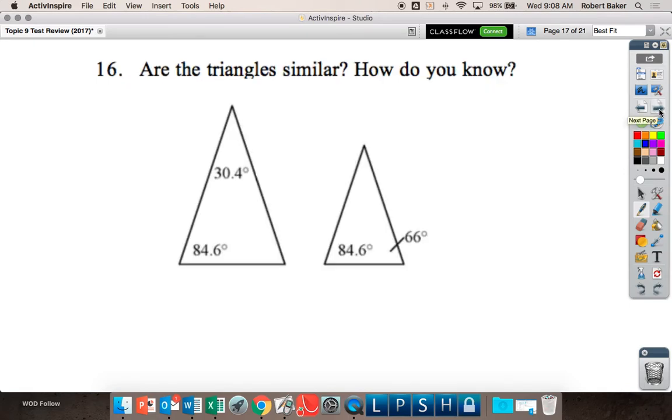Are these triangles similar? Ugh. Who's got a calculator handy? Who can do 180 minus 30.4 and 84.6?